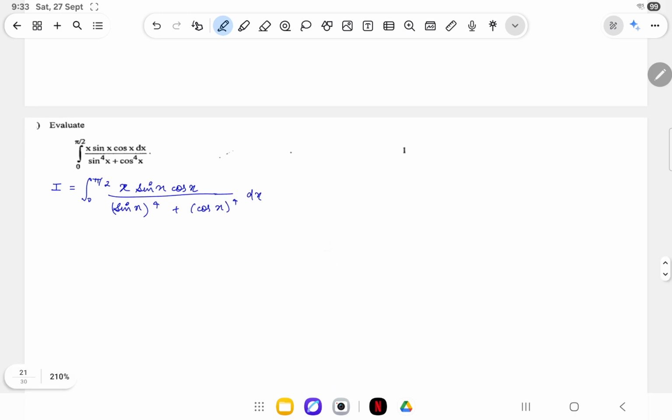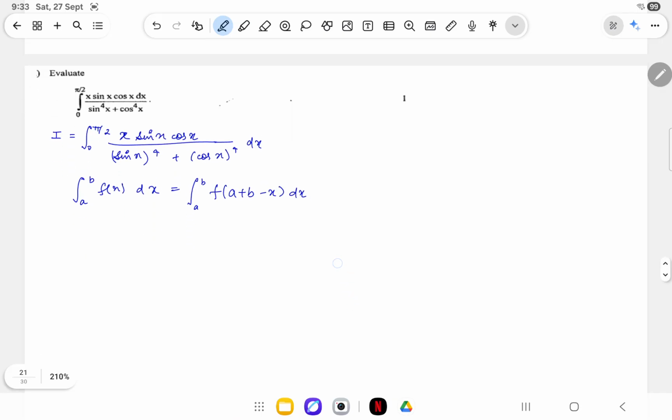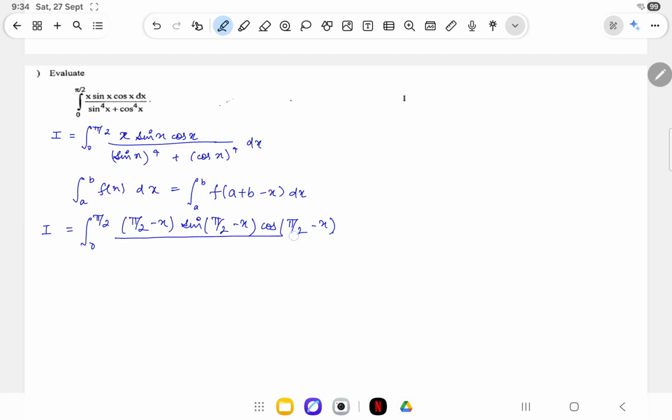Now if I just use the result, that is integration from a to b of f(x) dx is equal to integration from a to b of f of a plus b minus x dx, we get 0 to pi by 2 of pi by 2 minus x into sine pi by 2 minus x into cos pi by 2 minus x divided by sine pi by 2 minus x raised to 4 plus cos pi by 2 minus x raised to 4 into dx.